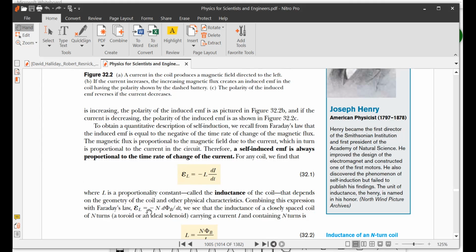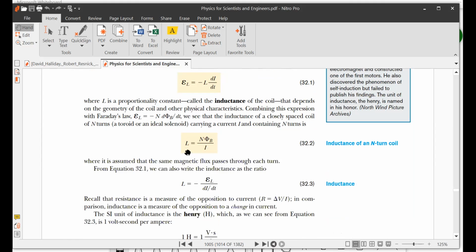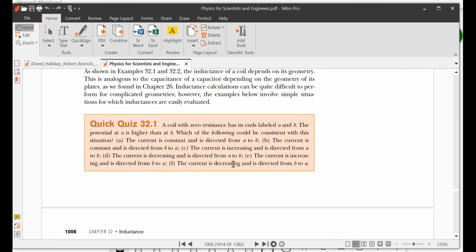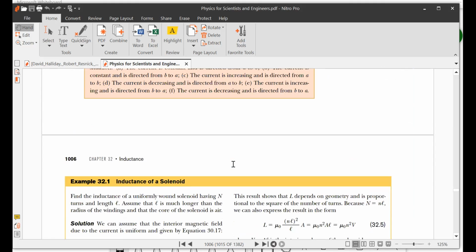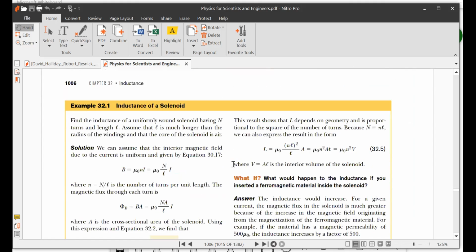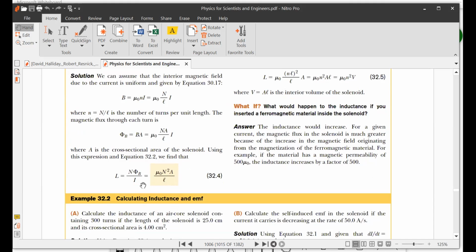Kalau kita samakan dengan hukum Faraday-Lenz, saya dapatkan ternyata L sama dengan N Φ_B dibagi I. Kalau kita gabungkan dengan rumus-rumus sebelumnya, ini adalah rumus medan magnetik dalam solenoid, ini fluksnya. Kalau saya masukkan ke sini, saya dapatkan ternyata L sama dengan μ0 N kuadrat A dibagi l.